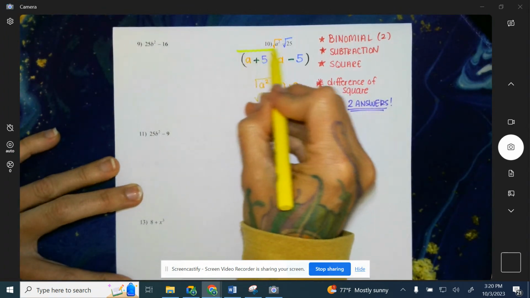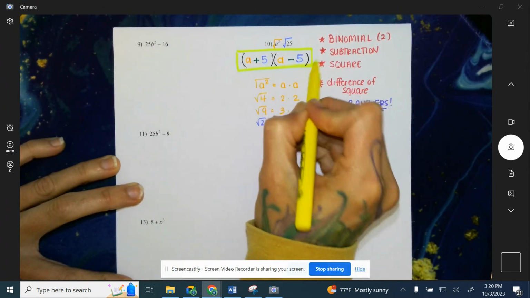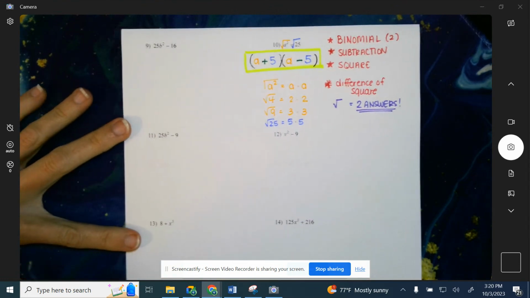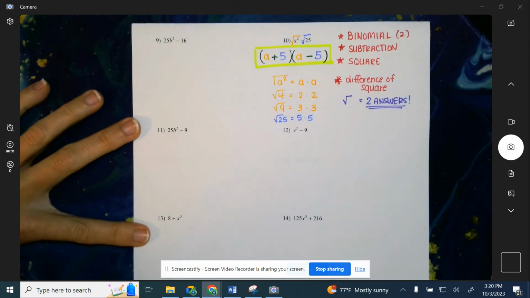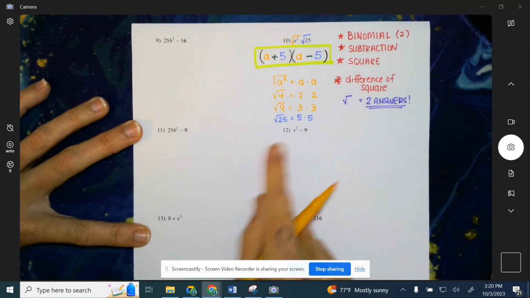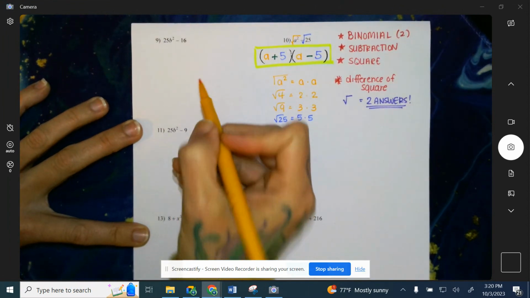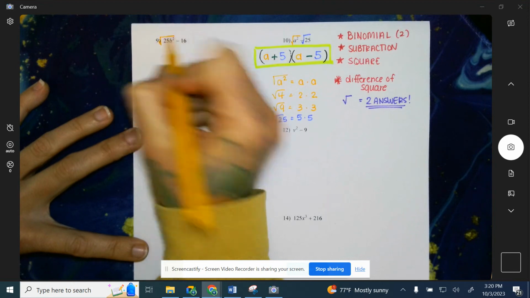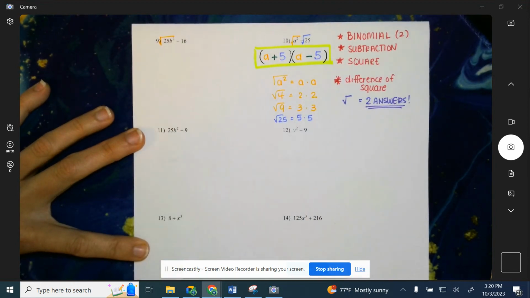If I FOIL this or box method this back together, you should end up with a squared minus 25. Now again, because we're Math 3, and this is actually a Math 2 concept, hopefully you remember some of it from before. I didn't leave you a bunch of easy ones. I just sprinkled them in there just so we didn't lose any steam. If the number is attached to the variable, it's the same thing. We're still going to do the square root.